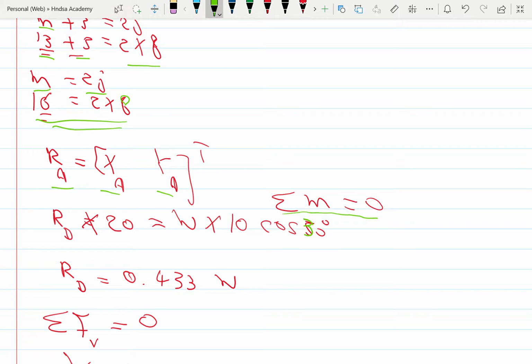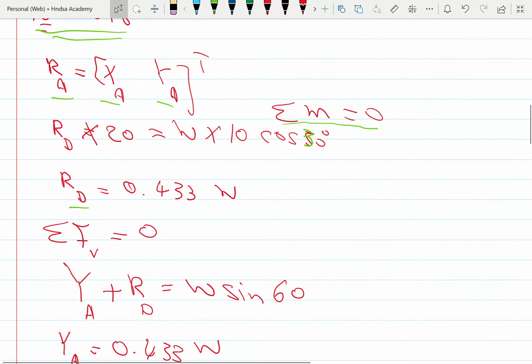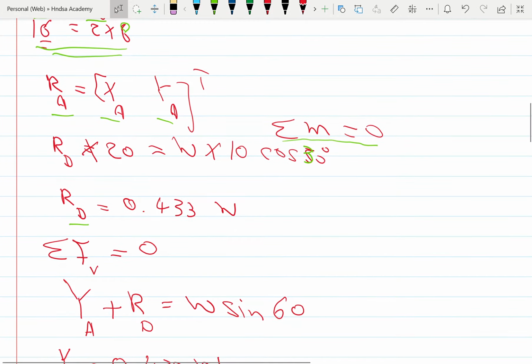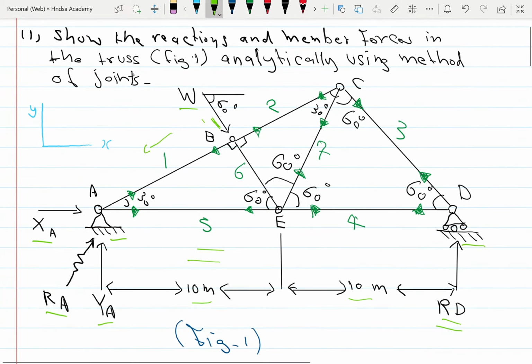So RD times 20 equals W times 10 cosine 30. From there we can find RD, which is 0.433 W. And W is the force that's coming not downwards, but on an incline, this one. This is W.